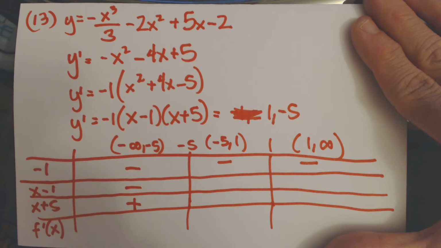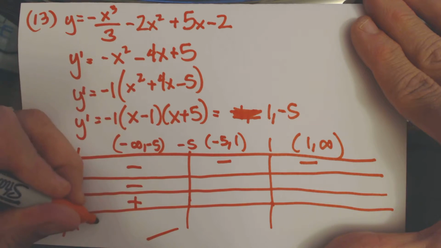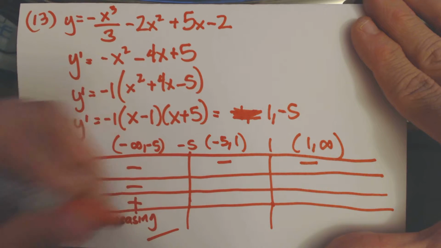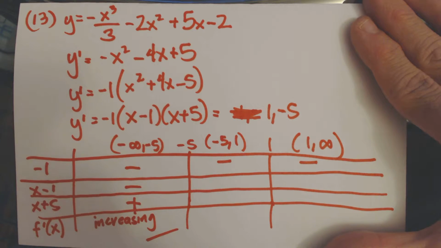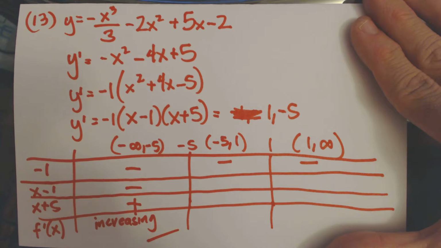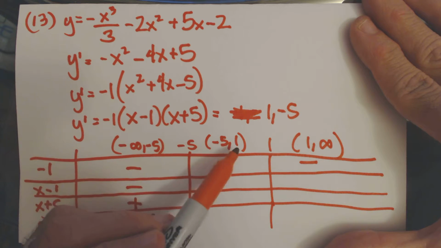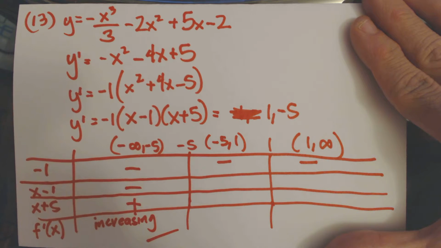And so f prime of x is going to be positive, so it's going to be increasing on the interval between negative infinity and negative 5. Pardon me.